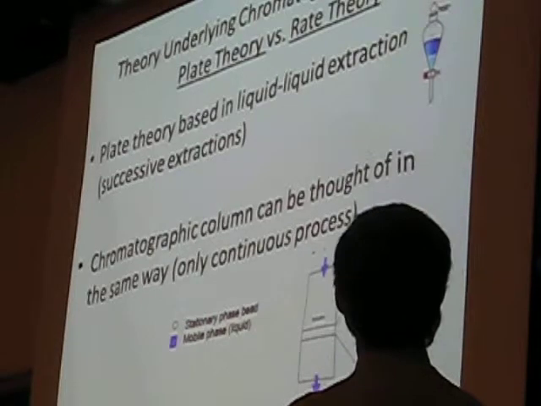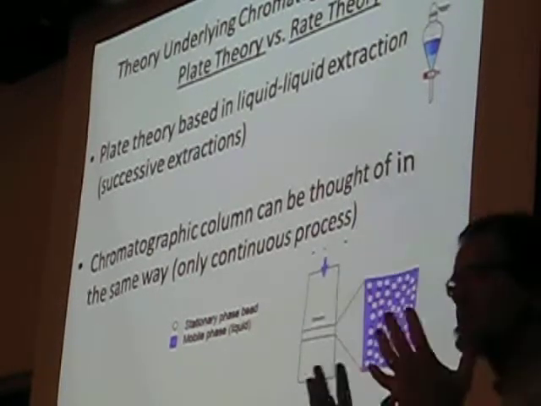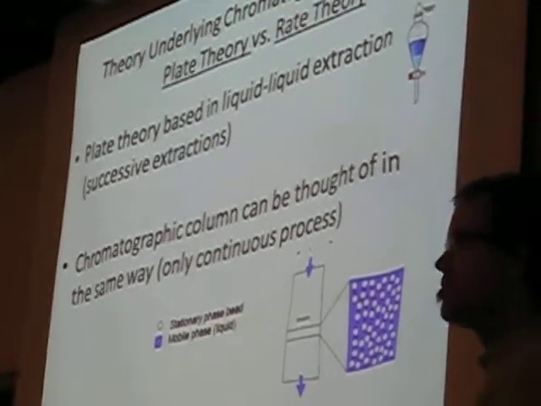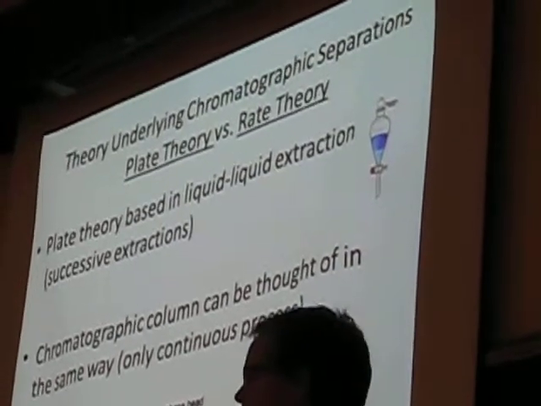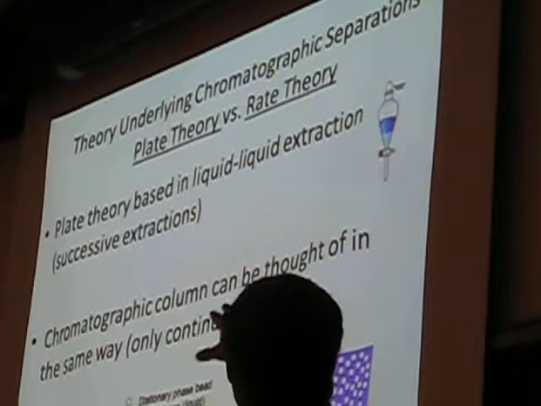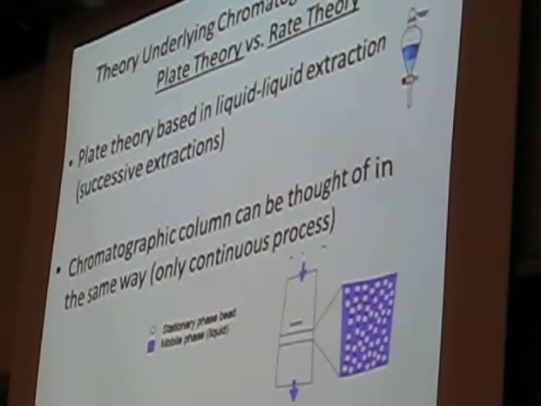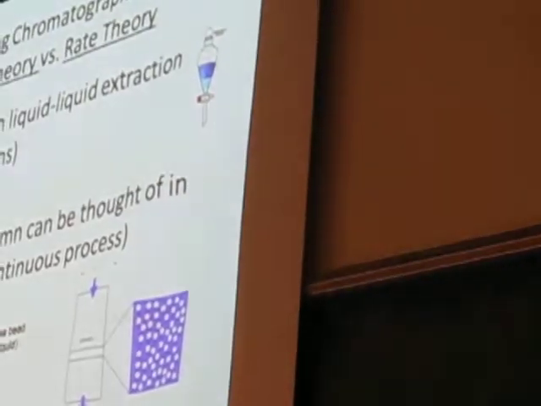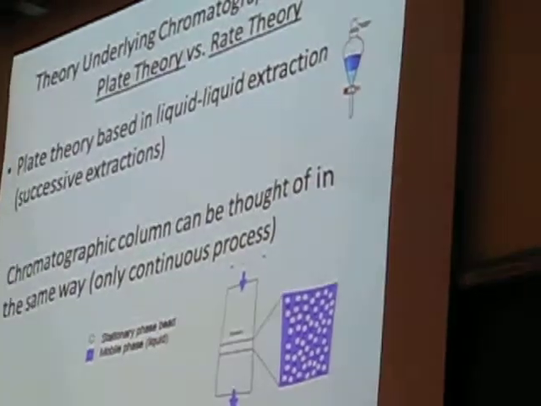At the beginning, the plate theory concept arose out of basic liquid-liquid extraction separation schemes. We call it plate theory because they're trying to describe a hypothetical construct that doesn't actually exist, which they call a plate.